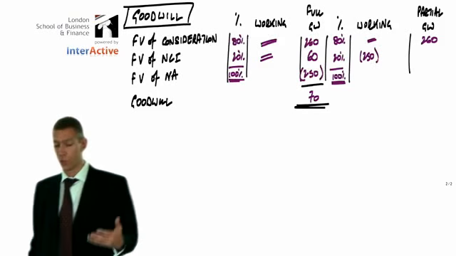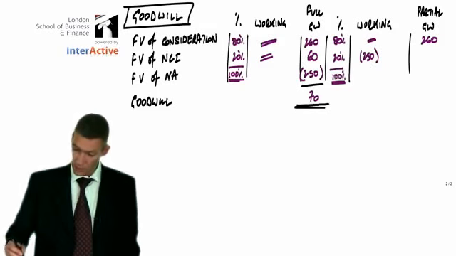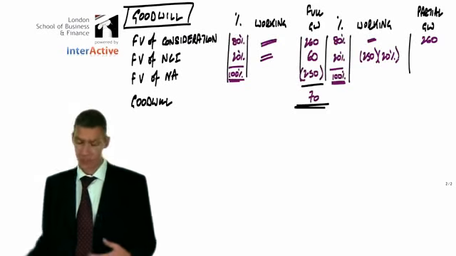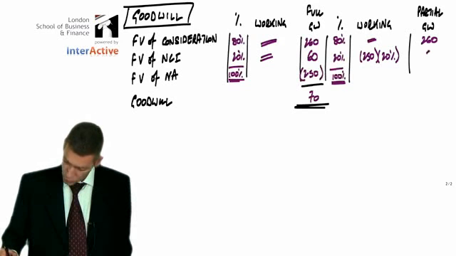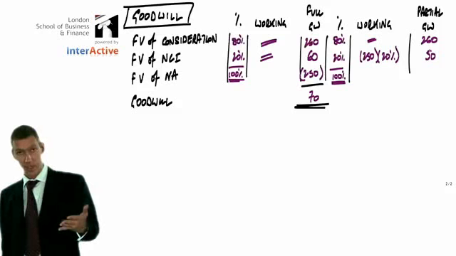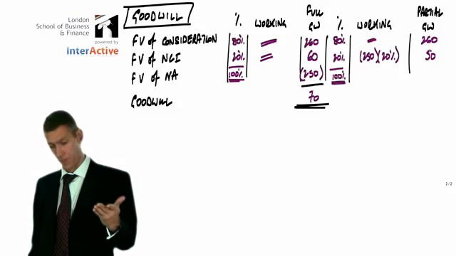And what proportion of those net assets did they own at that point? The answer is 20%, of course. That is the NCI, 20%. So the NCI is assumed to be worth 50. It may not be entirely fair, but that assumption is available within IFRS 3.